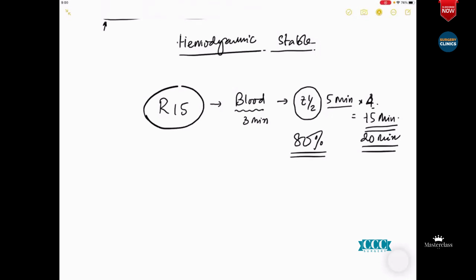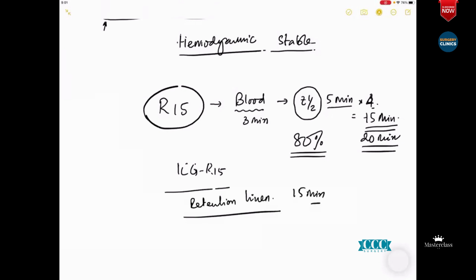R15 is very straightforward: an ICG R15 predicts how much is retained by the liver at the end of about 15 minutes. Now, why should I be knowing about this, or why should this be important for you? The main point to remember is that I'm going to tell you the main technical reason why I am telling you all of this.